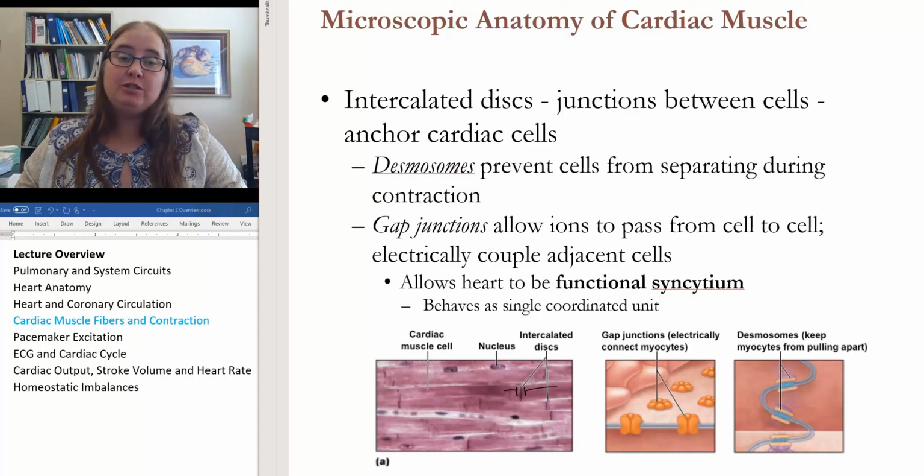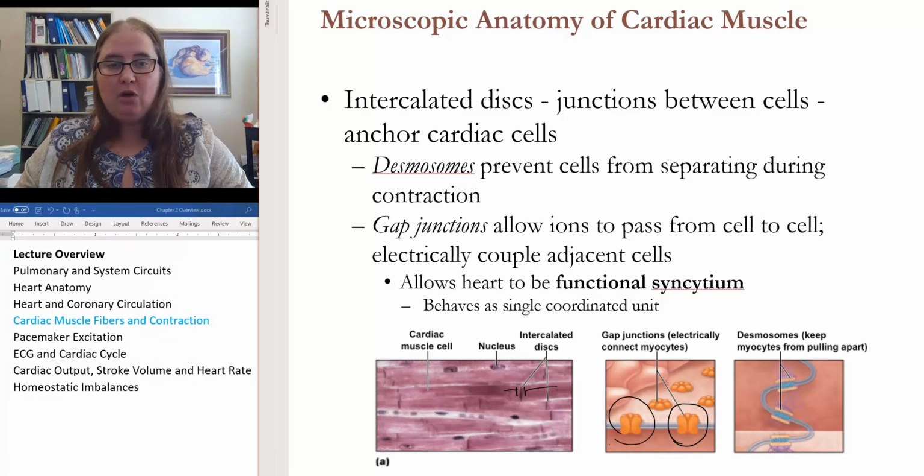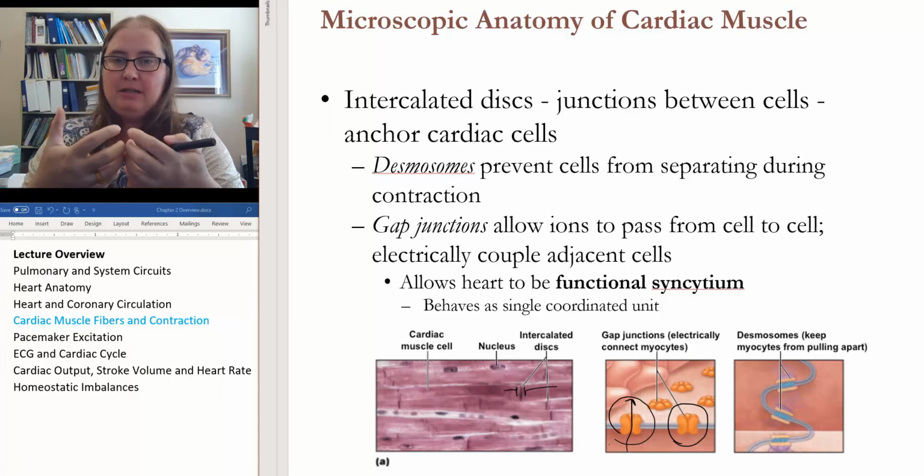In addition to that, those intercalated discs also have gap junctions. Gap junctions allow ions to move freely from one cell to another very rapidly. So what it essentially does is it couples the cells. It creates a uniformity in our cells and their ability to contract.